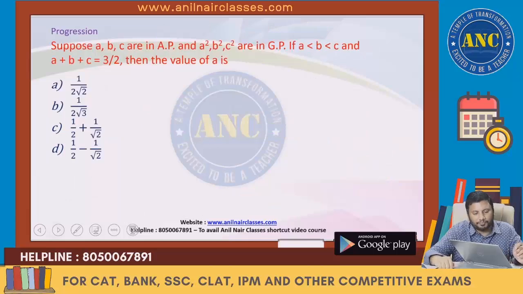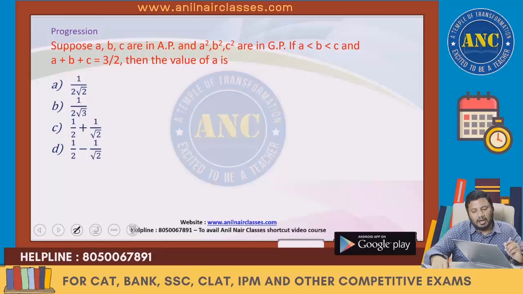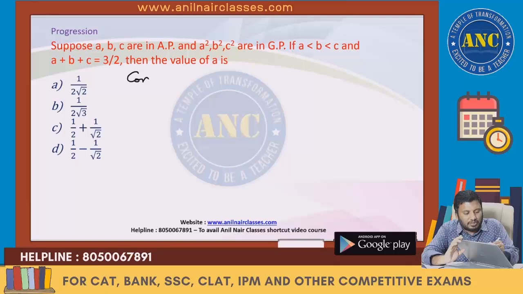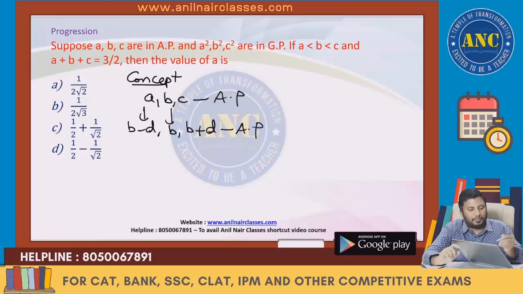Next one. If A, B, C are in AP, write A square, B square. I think it's an easy question. I will give you the concept behind it. If A, B, C are in AP, they can be written as B minus D, B, B plus D. Their sum A plus B plus C is 3 by 2.